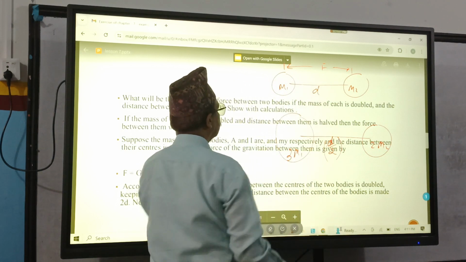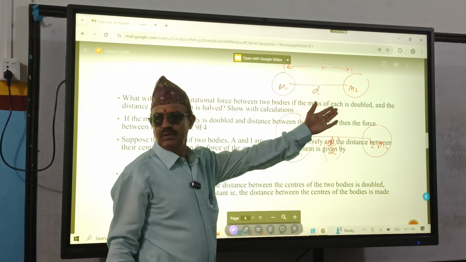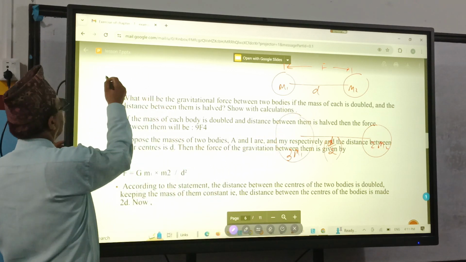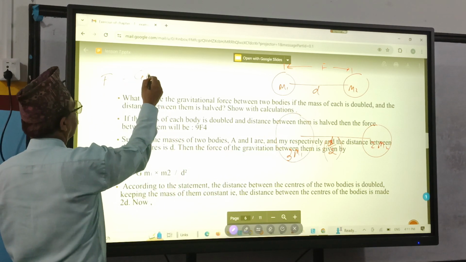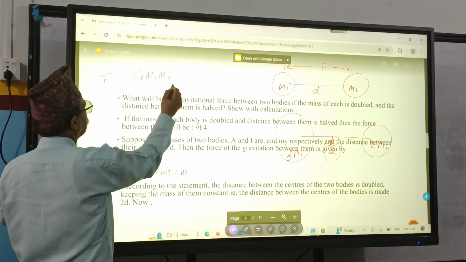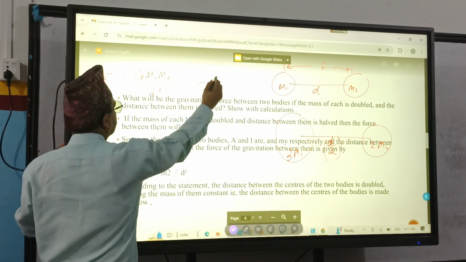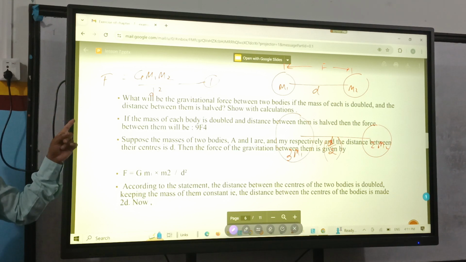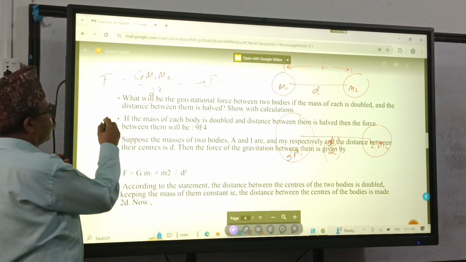So consider two bodies, m1 and m2, lying at a distance of d, and we know that F equals G m1 m2 by d square. This is the first equation. Now, what does the question say?